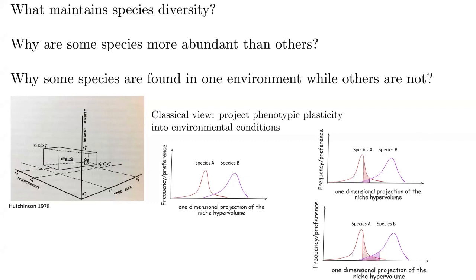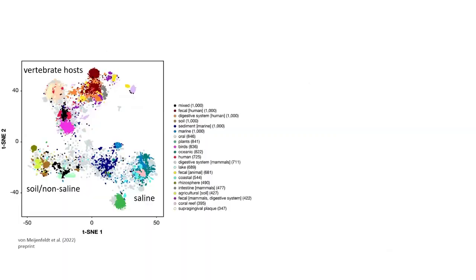So this is a classical view of how, why and when you would get different species. And of course, there is some evidence. There is a case for this niche view. This is an example from a colleague, who clustered all the microbiomes he could find.